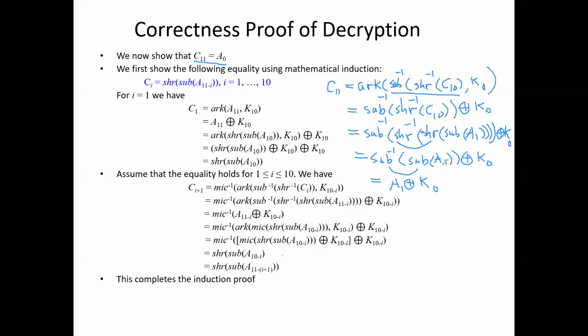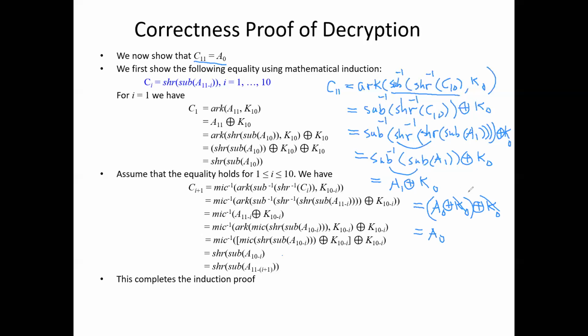And then A sub 1 is equal to A1, which is from A0 in the first round. So this is A1. Okay, so then we know these cancel. So we get A0.